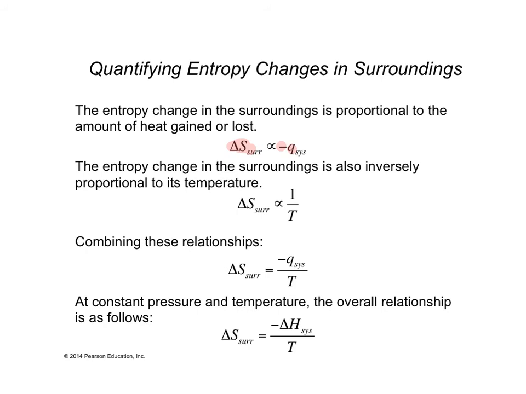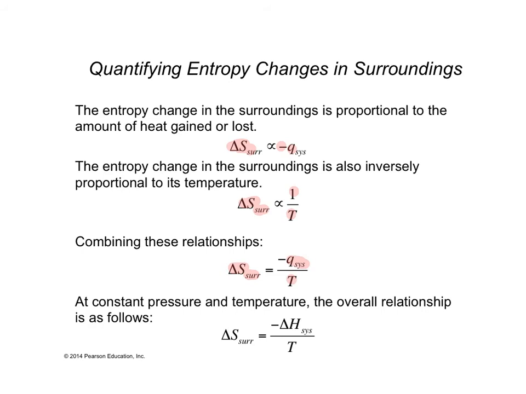We also know that the entropy change with respect to the surroundings is inversely proportional to the temperature. So the lower the temperature, the larger the change in entropy is given an energy exchange, okay? We can combine these two and have our change in entropy with respect to the surroundings equal to the negative heat of the system over temperature.